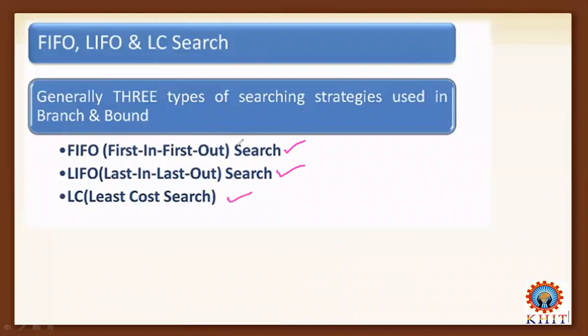While solving first in, first out search, we basically use the breadth first search approach while constructing the state space tree. Whereas for the last in, first out searching technique, we simply use depth first search.